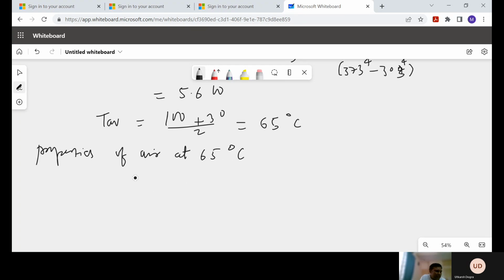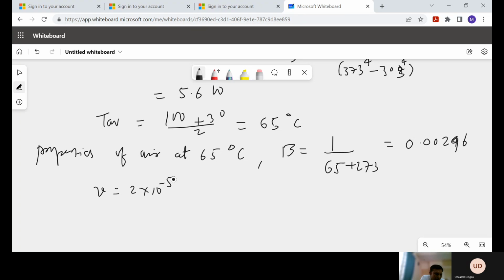So what we can have at 65 degrees Celsius is we can get beta. Beta is just 1 by 65 plus 273. So this comes around 0.00296. Then kinematic viscosity comes around 2 into 10 raised to power minus 5 meters square per second.